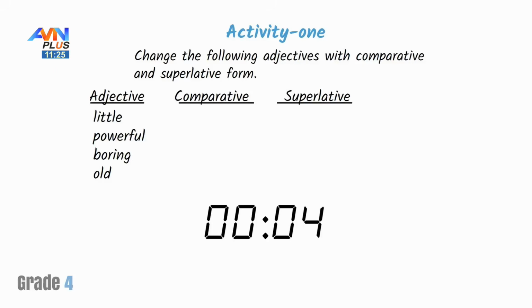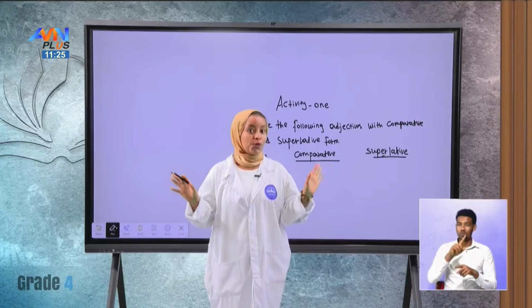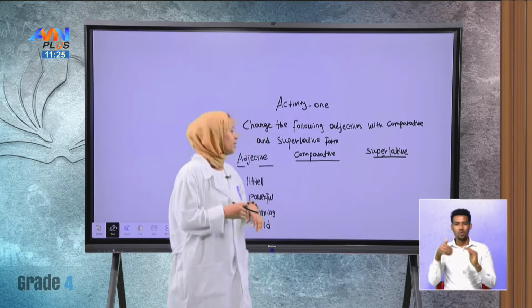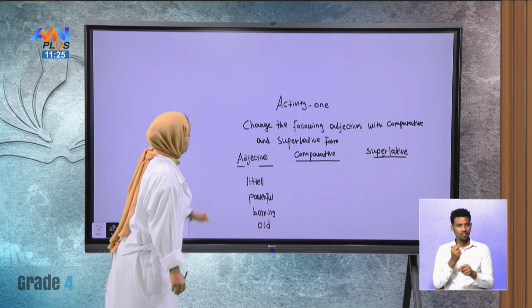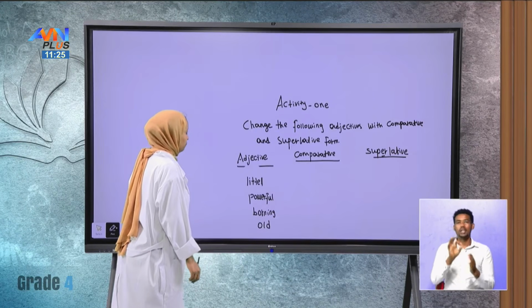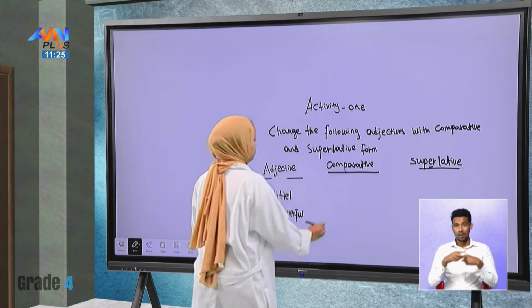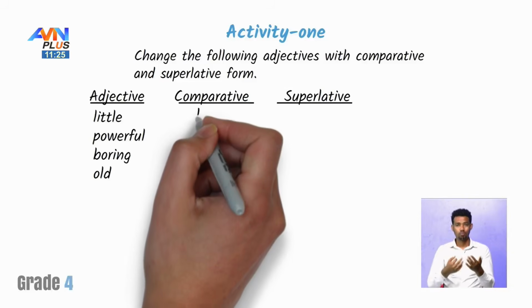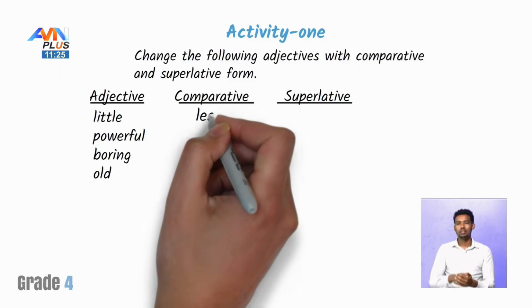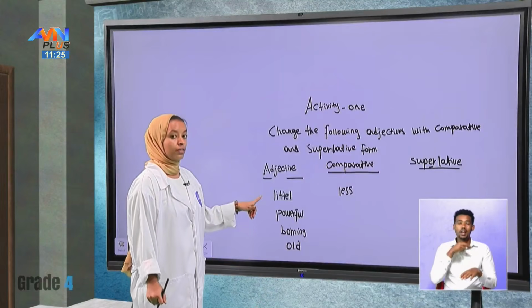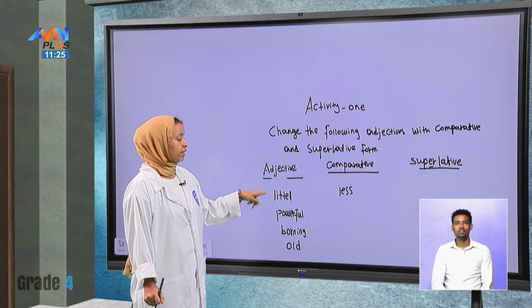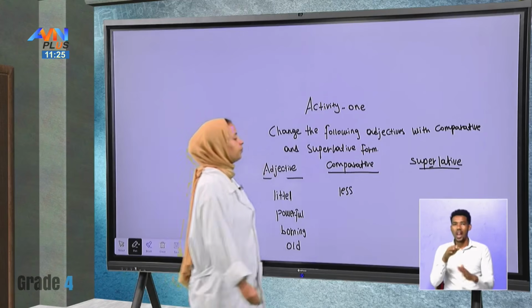I hope you all have finished this activity. So here is question number 1. Little: when we come to the comparative form, less. Because, students, this is a regular adjective. Little, less, least.